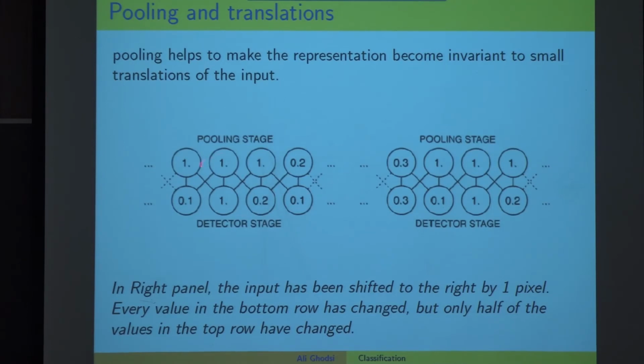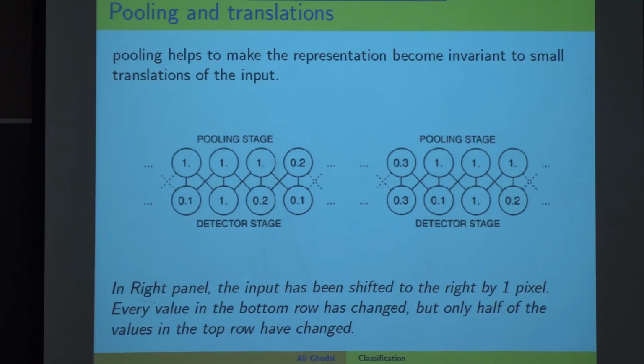When that was my input, that was my pooling stage. I shifted everything 1 pixel, and this is my pooling stage. If you compare these two vectors, every single element of this vector is different from this one. If you compare these two vectors, only half of the elements are different. See, this is 1, and this is 1, this is 1, and this is 1. The first one and the last one are different. But in this case, every single one is different from the other one.